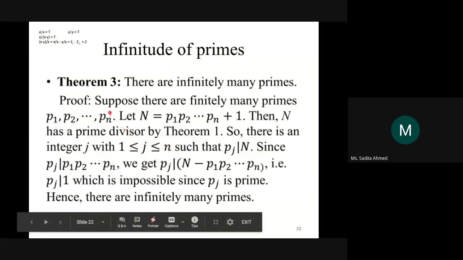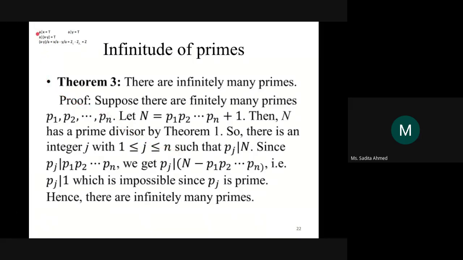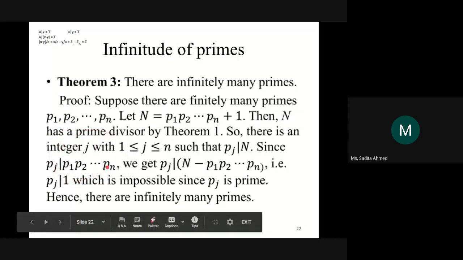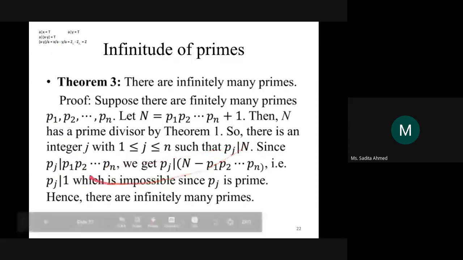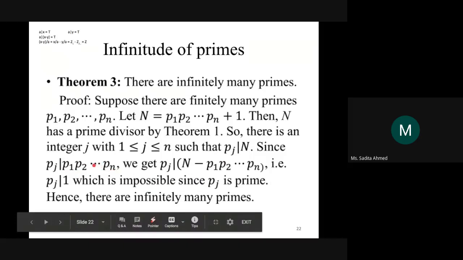Or in other words, the difference of the two numbers as well, all right? So let's say if the same divisor A divides the number x and the same divisor A divides the number y, then it should also be able to divide the number x minus y, right? So same goes here as well. If the same prime divisor Pj divides n and the same one divides the product, then it should be able to divide the difference of the two as well, right?